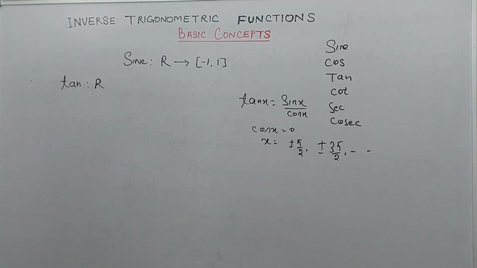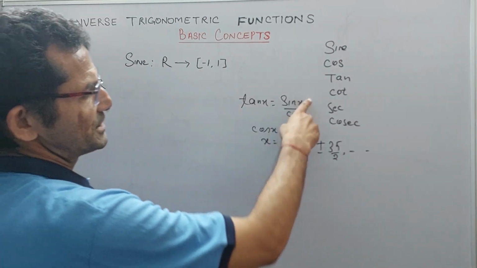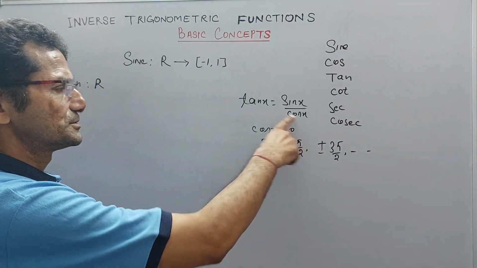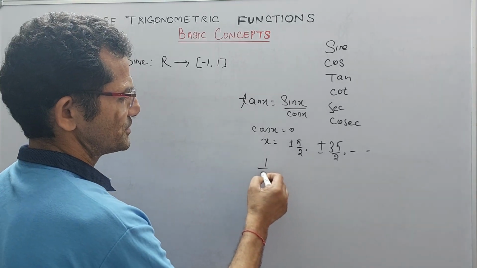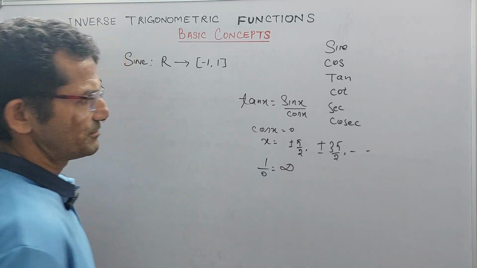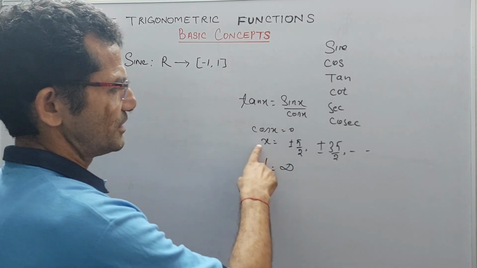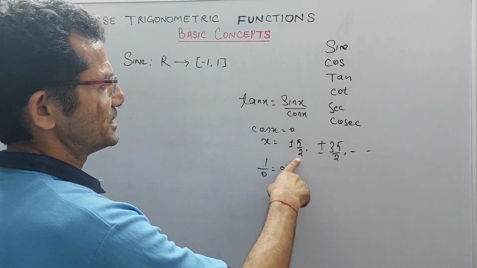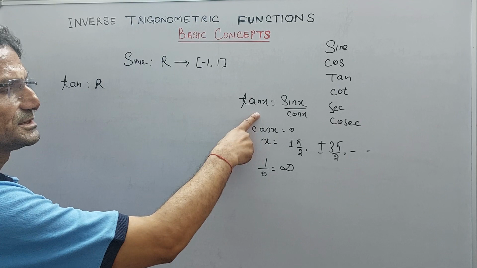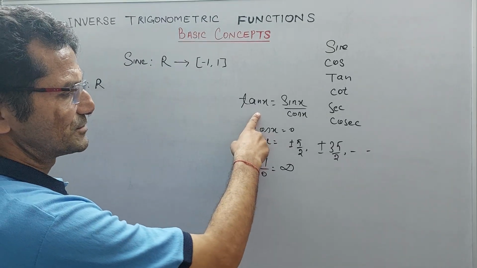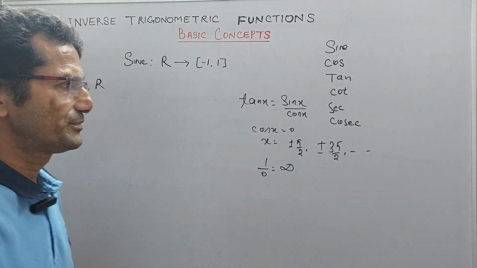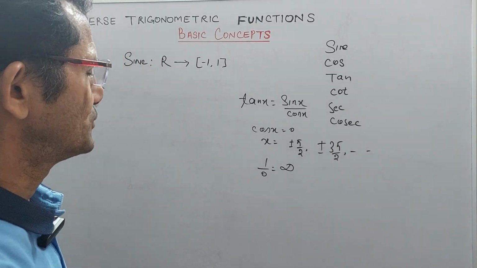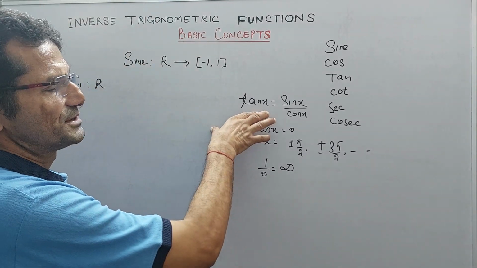If cos x is 0, something is 0 in the denominator, so our value becomes infinite. Suppose 1 upon 0 is infinite; if I put these values in this function, it becomes not defined. It comes out as plus minus infinite. So we have to exclude these from the domain, from the set of real numbers.